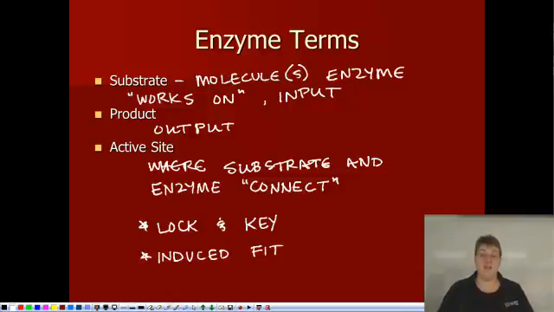There's also an idea called induced fit, which means that the lock and key maybe aren't perfectly matched together, but that the lock, or enzyme, wraps around that key chemically and fits just right in the end. Not right out of the gate when you first insert the substrate, but it fuses around that substrate after they come into contact.